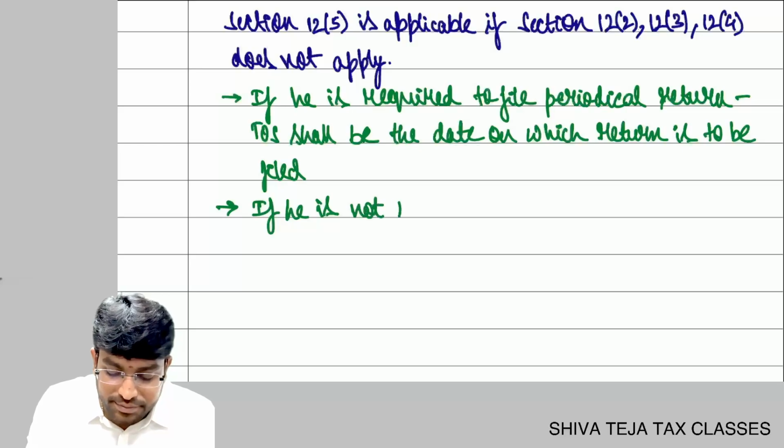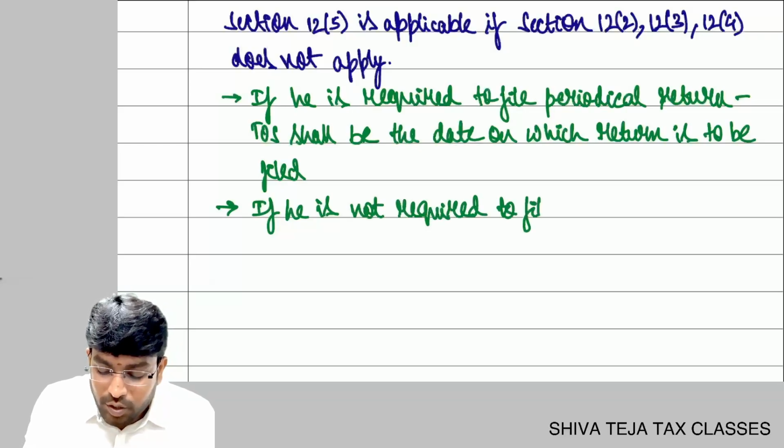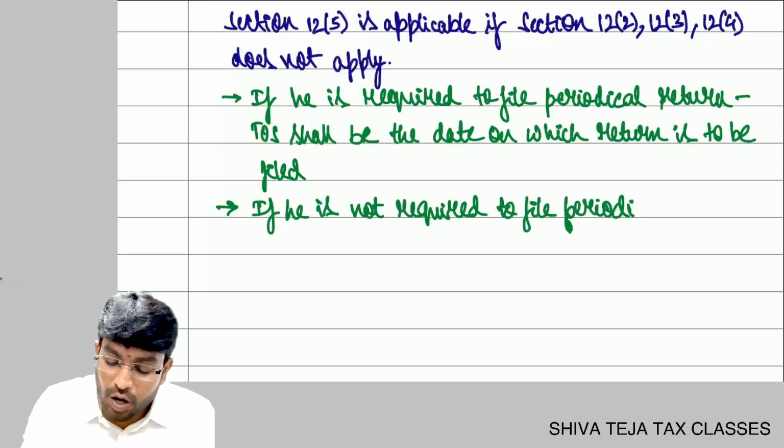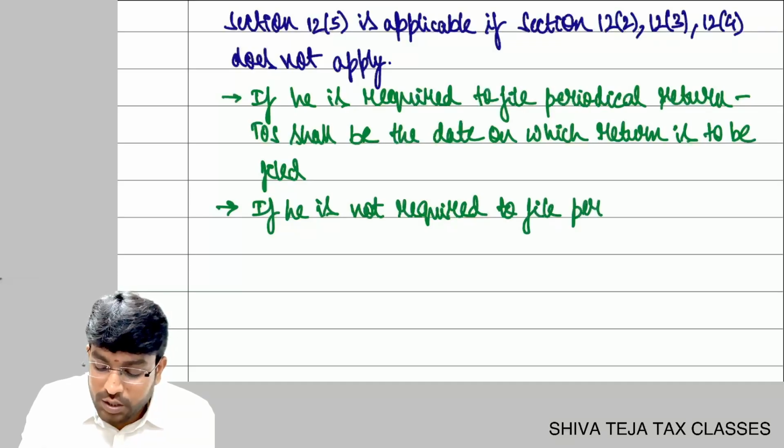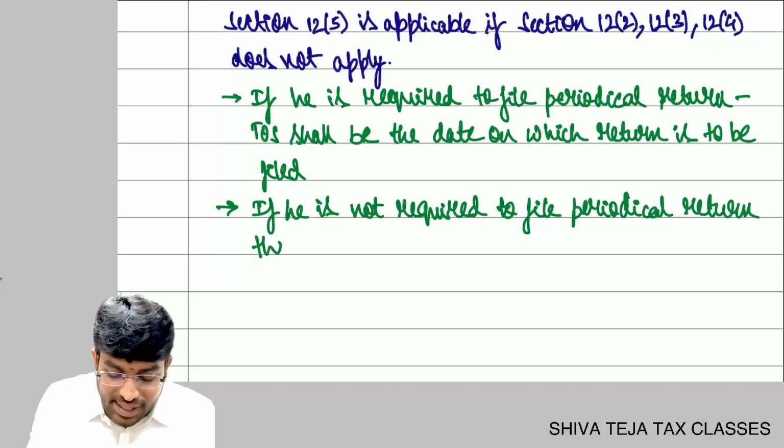If he is not required to file periodical return. Friends, come on, tell me, who is not required to file periodical return? If he is not required to file periodical return, that means he is an unregistered person.